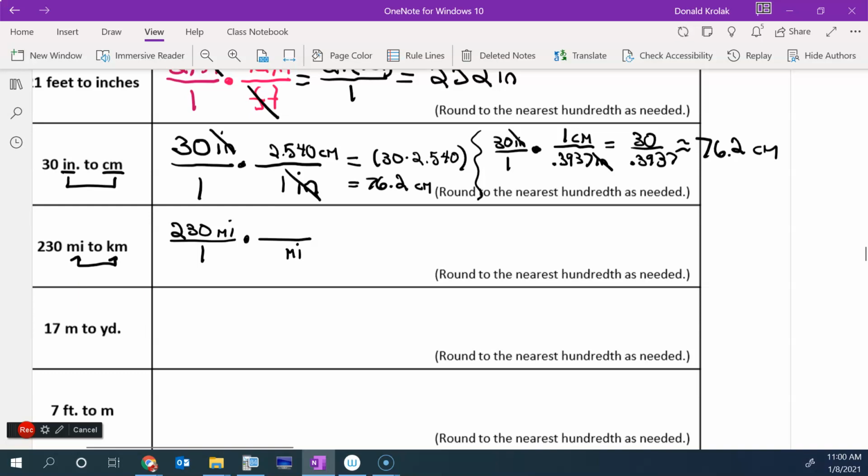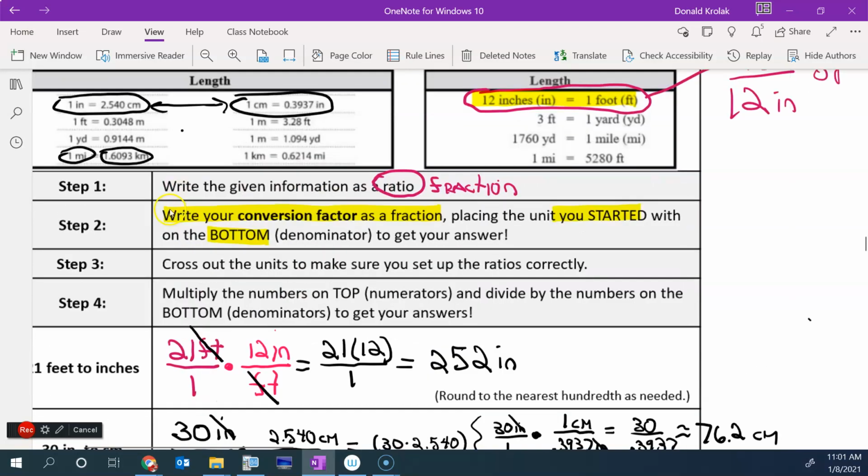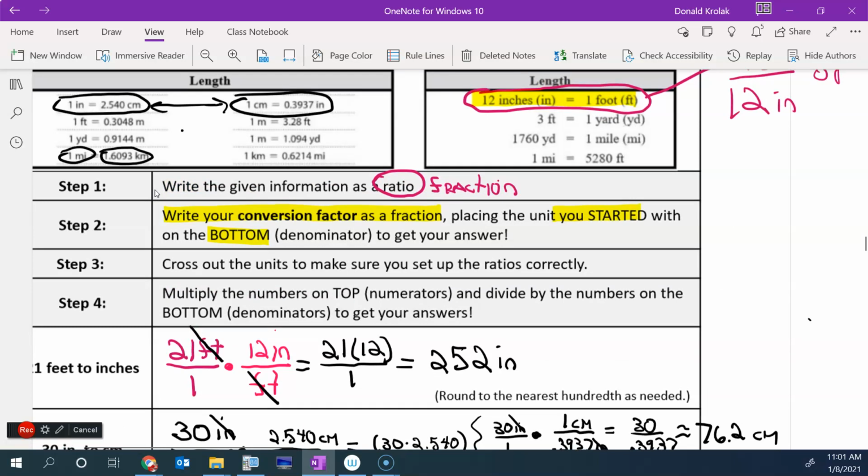Now I could put 1 on the bottom and 1.6 on the top, Hannah, or I could put 1 on the top and 0.6214 on the bottom. Follow me?